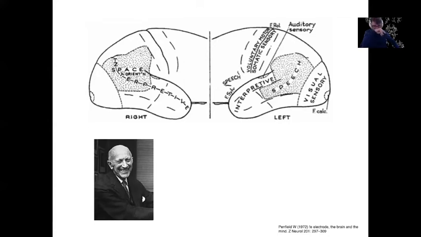And by doing so, you're able to map the boundary of the speech area, of the motor area, sensory area, visual sensory area, and so on and so forth into other kinds of functions.